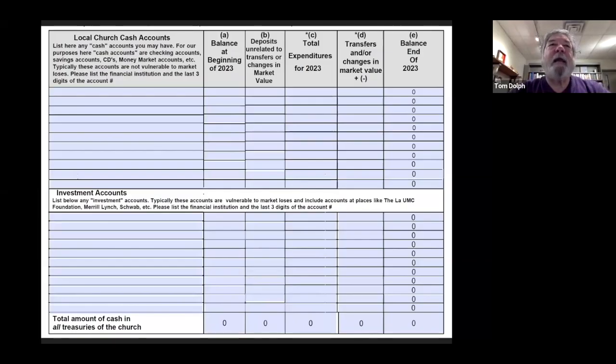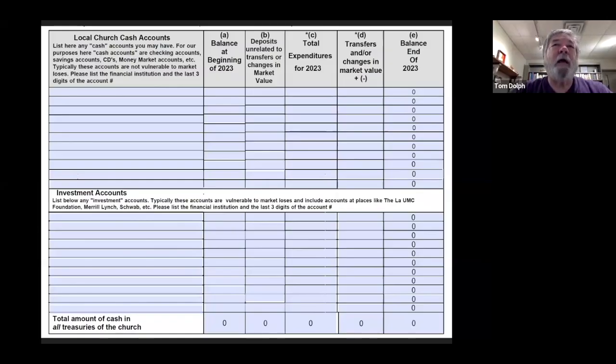So think financial institutions. Let's say that you have one checking account and one savings account. That is 2 financial institutions. You could have within your internal operations 2 different funds that you use that checking account for, and 4 different funds that you use that savings account for.